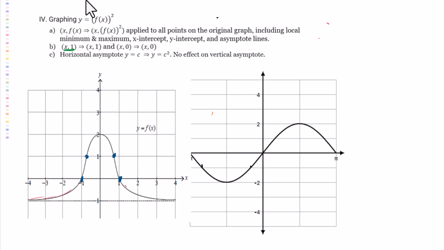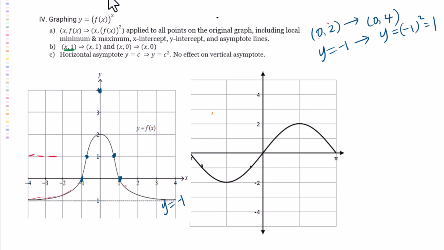For the local maximum, (0, 2) will be (0, 4). For y equals -1, the horizontal asymptote line will be y equals -1 squared equals 1. This is a horizontal asymptote line for the new function.